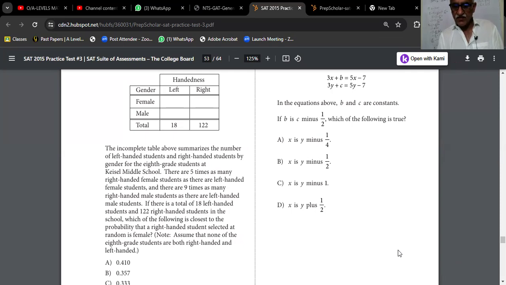If the total number of left-handed students is 18 and right-handed students is 122 in the school, which of the following is the closest to the probability that a right-handed student selected at random is a female?